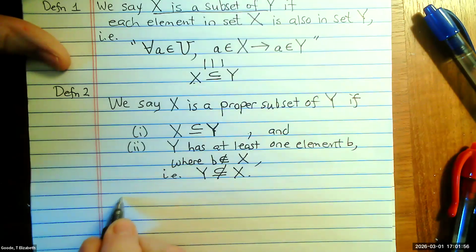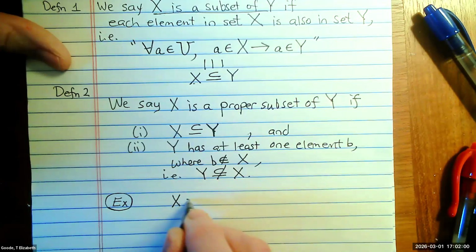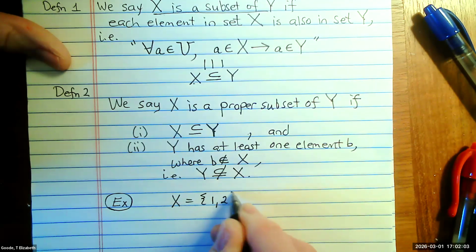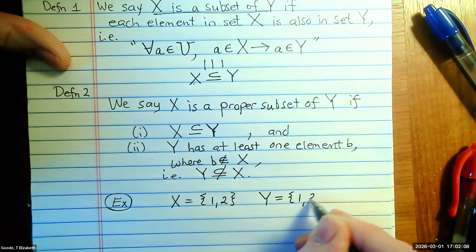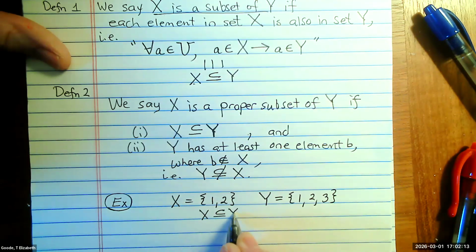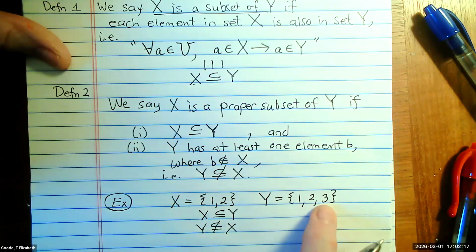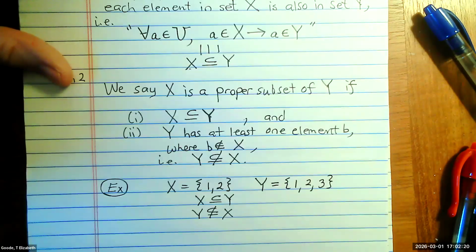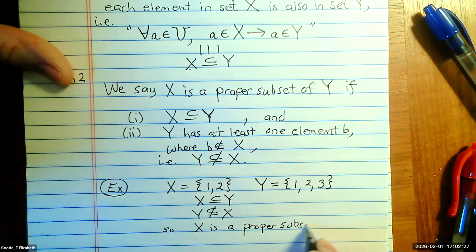So I'll give you an example. If X has the elements 1 and 2, and Y has the elements 1, 2, and 3, X is a subset of Y, but Y is not a subset of X because 3 is in Y and it's not in X. So X is a proper subset of Y. Sort of like strict less than.